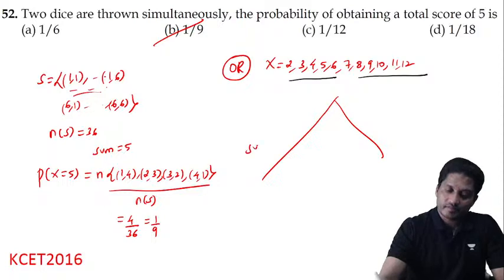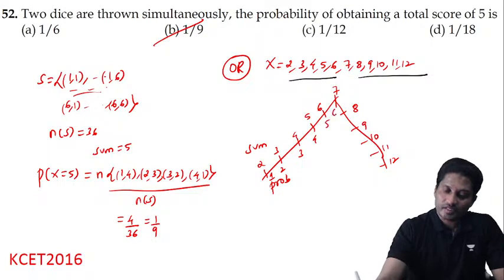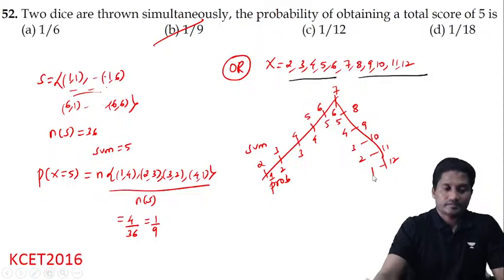Here the probabilities are 1, 2, 3, 4, 5, 6, and then in the reverse way 5, 4, 3, 2, and 1.